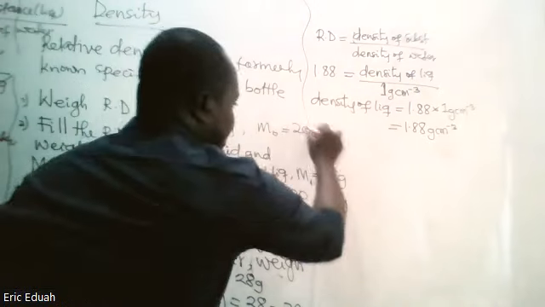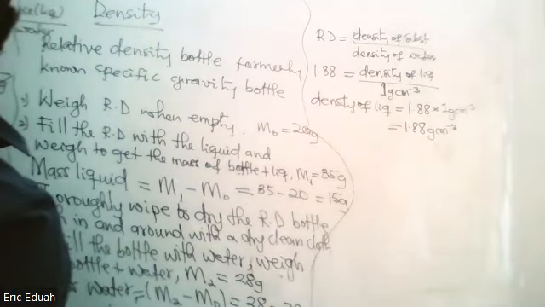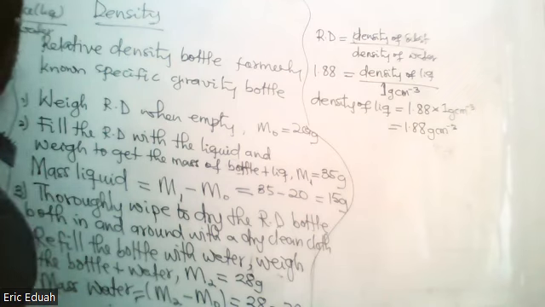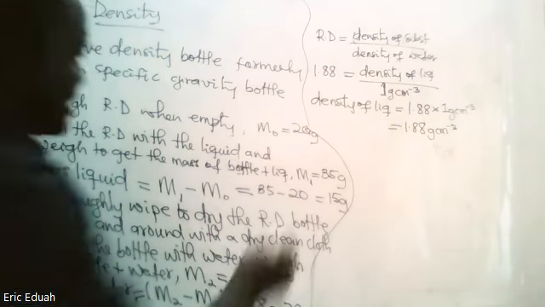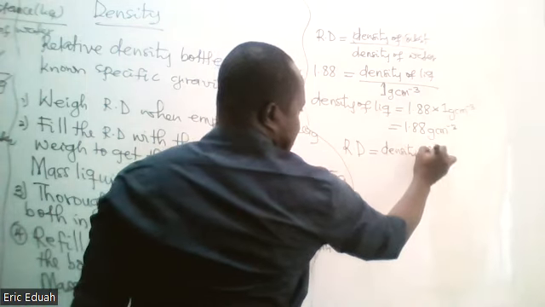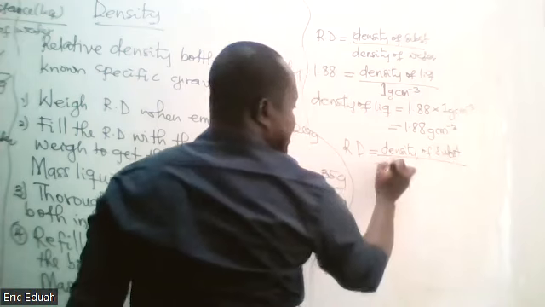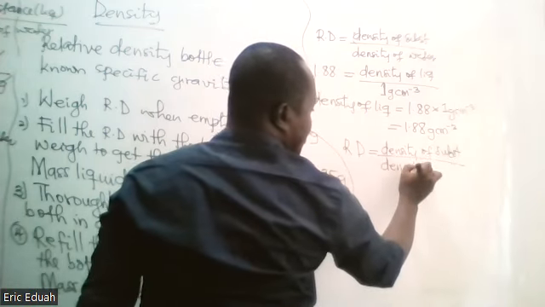Okay, so I have given you 3 formulas for determining relative density. The first one is the RD is equal to density of substance divided by the density of equal volume of water.